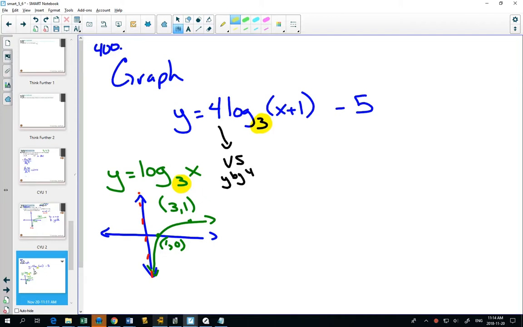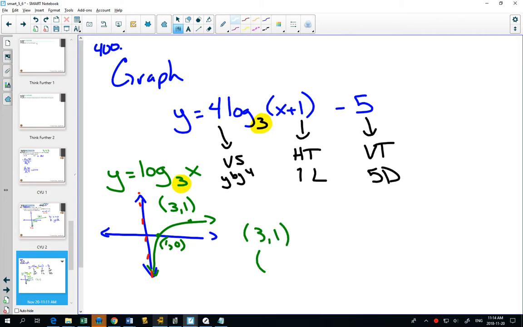The next number that we run into is the 1, and this is going to be a horizontal translation 1 unit to the left. And finally, we have a vertical translation 5 units down. So we use the same strategies that we've used in transformations. You take your points. We have (3, 1) and (1, 0), and our asymptote at x equals 0.